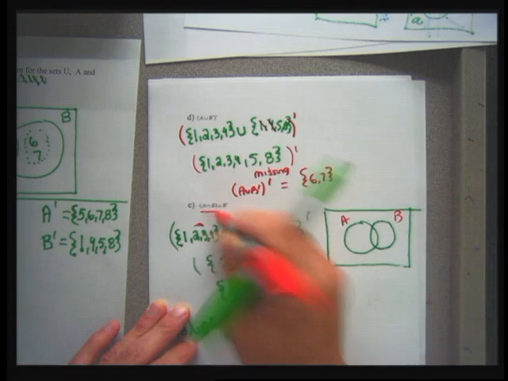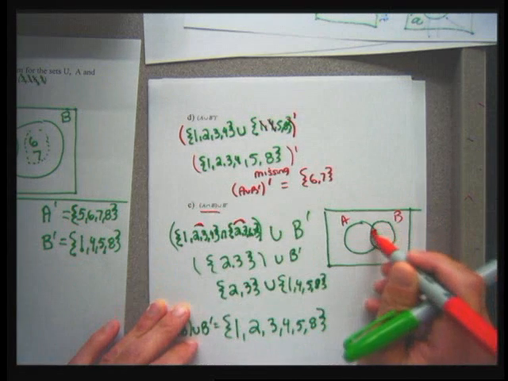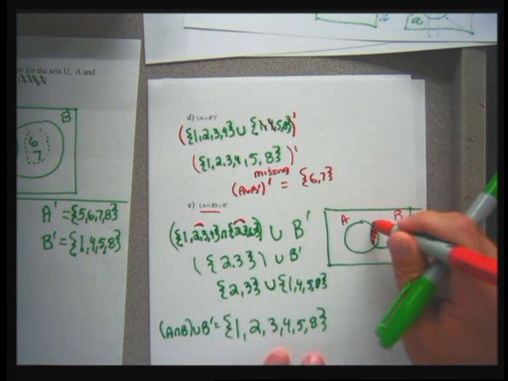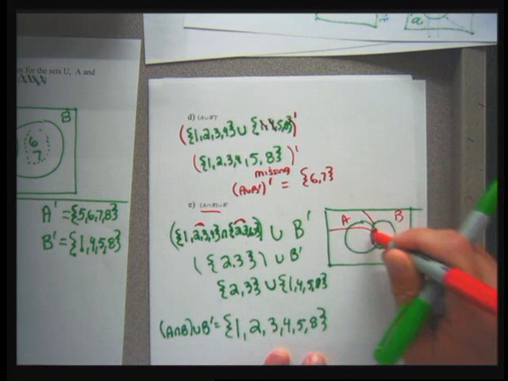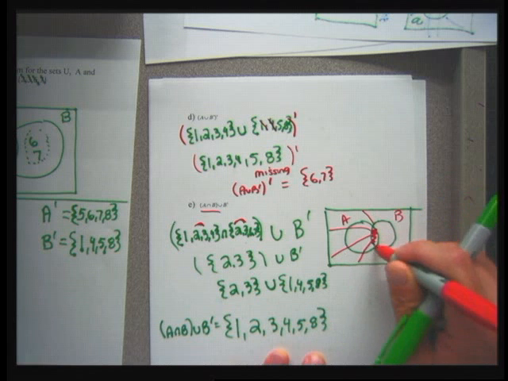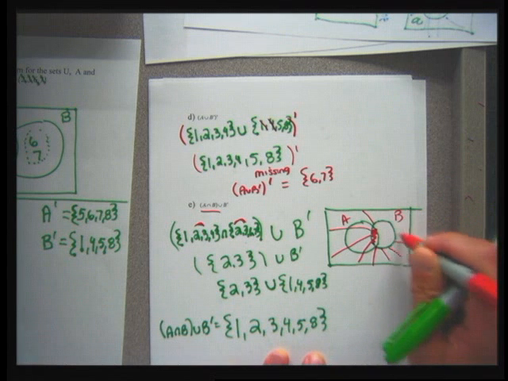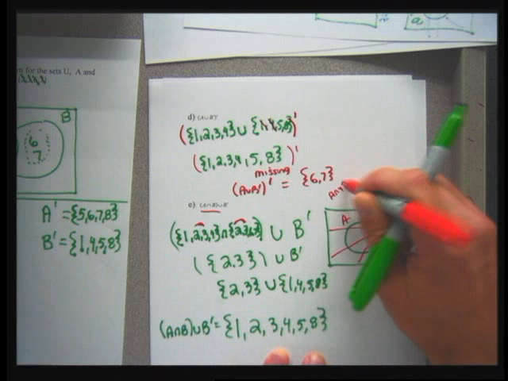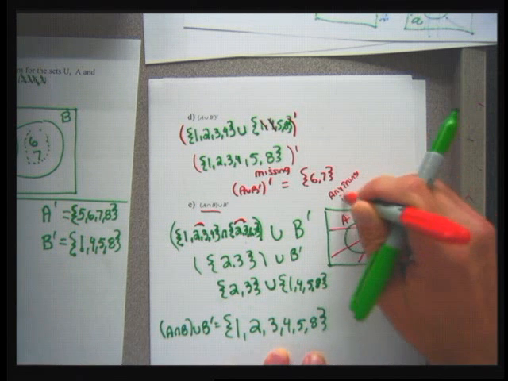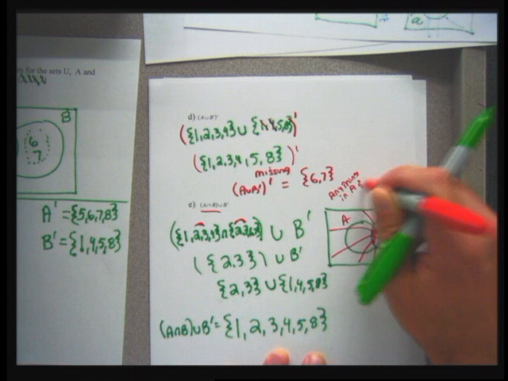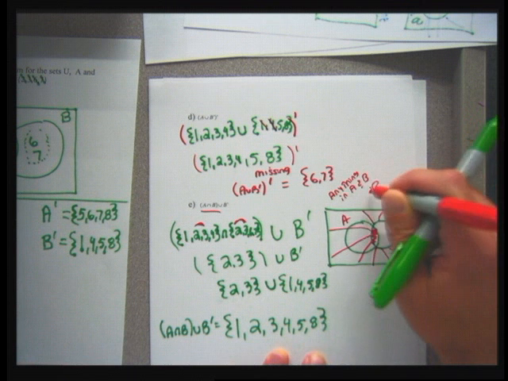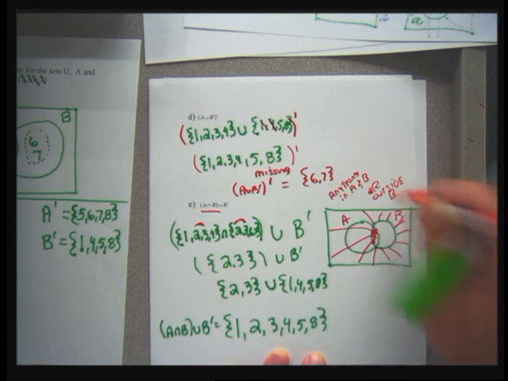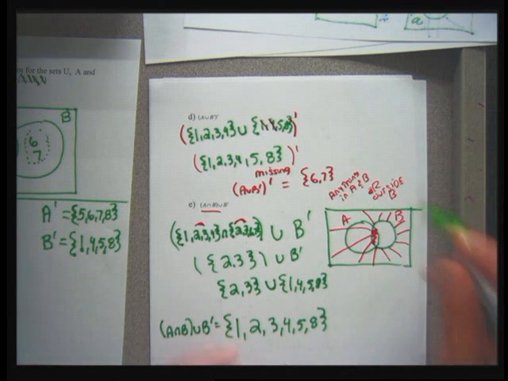The first region, A intersection B, is that region, and I want to union that with B prime, which is everything outside of B. So I'm taking into consideration anything in the intersection or anything outside of B. So this is anything that's in A and B, which is the intersection, or outside of B, which is everything except anything in this region.